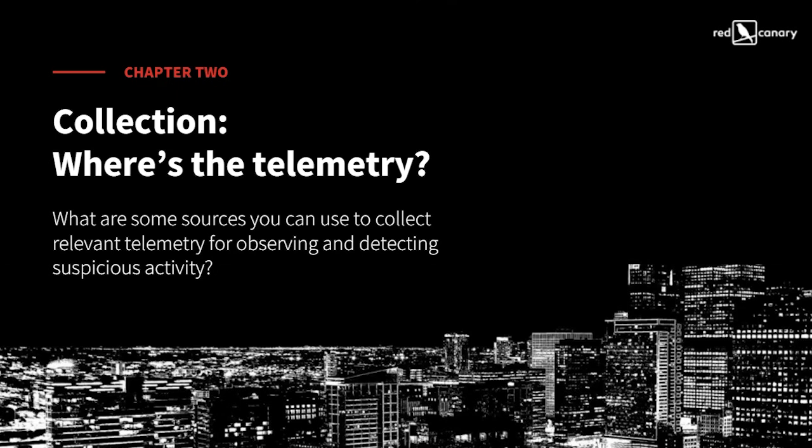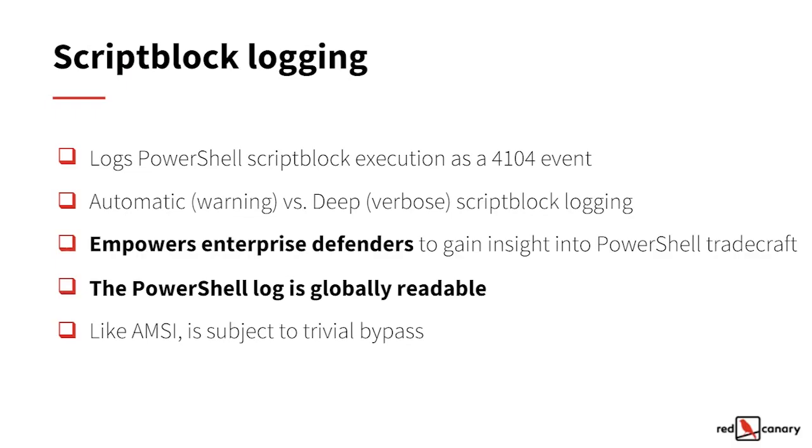So speaking of progressing detection, if we want to get good at detecting anything, we need to know exactly what we need to collect. What telemetry is available to us for PowerShell, both as a vendor and as an enterprise defender? First, let's talk about Scriptblock logging.